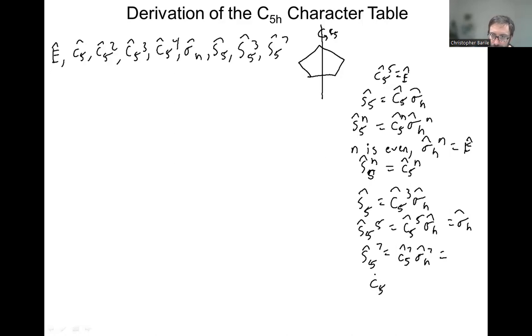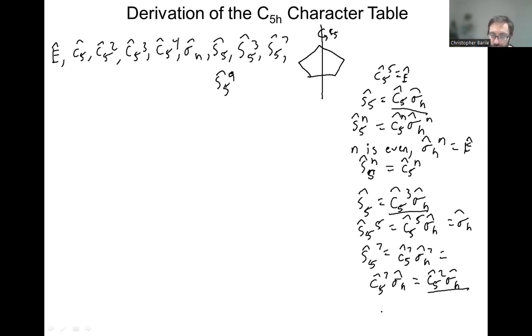Well, that's equal to a C5 7 times a sigma h. And what's a C5 7 times? That's a C5 twice, right? Because we do a 360-degree rotation for the C5 5 times, and then we still have 2 C5s left over, times sigma h. And we actually don't have that operation yet. We had C5 times sigma h, we had C5 3 times sigma h, and then we have C5 2 times sigma h.